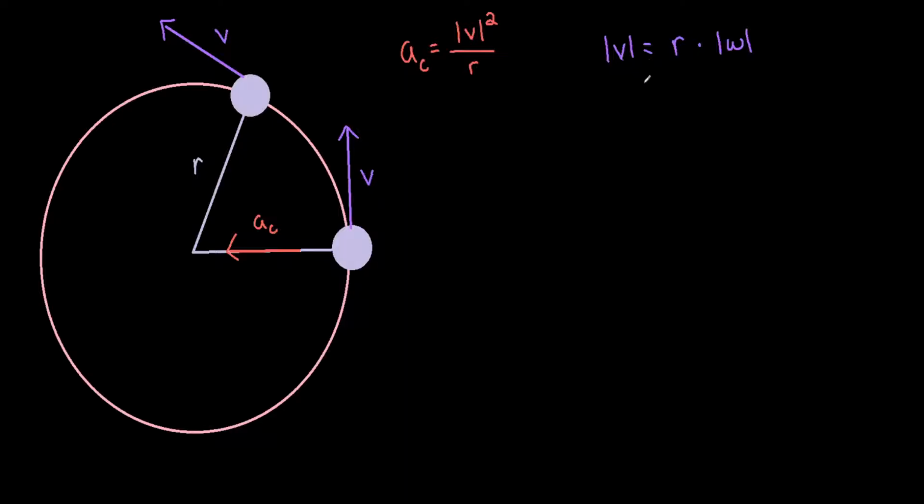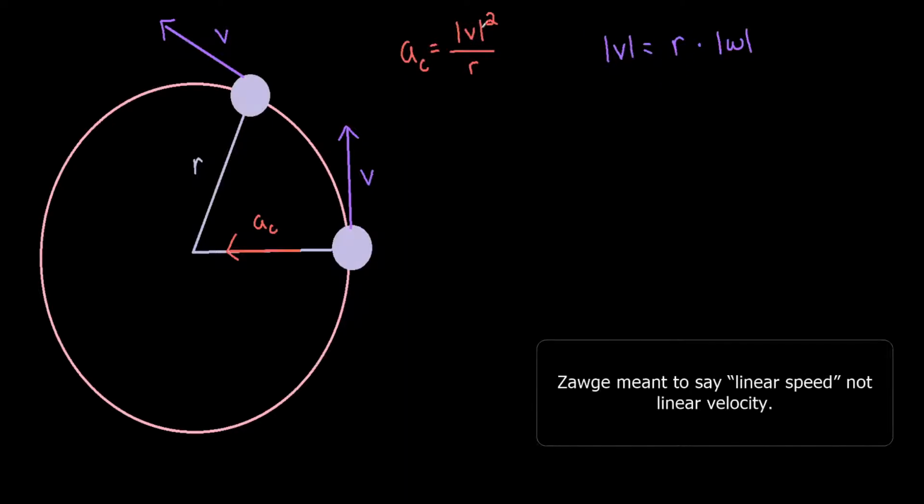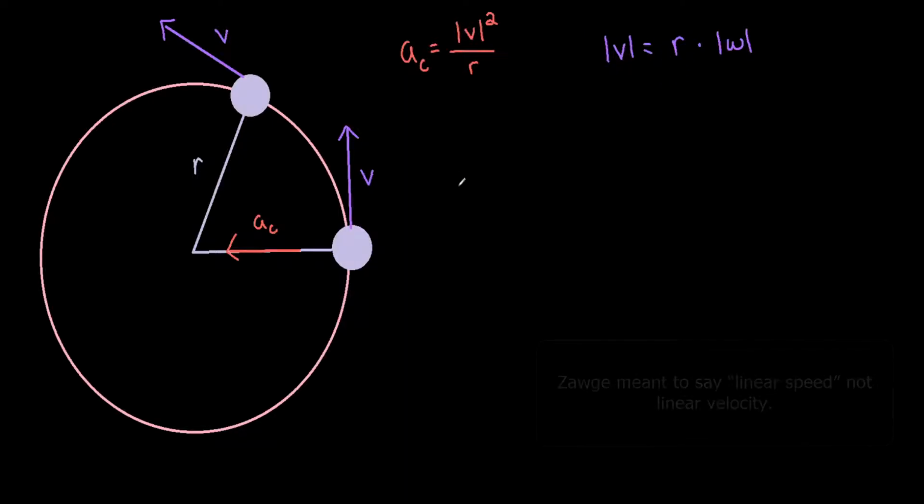So we can simply substitute our linear velocity into this formula, and we'll get that our centripetal acceleration is equal to the radius times the angular speed, which is all squared, divided by the radius.